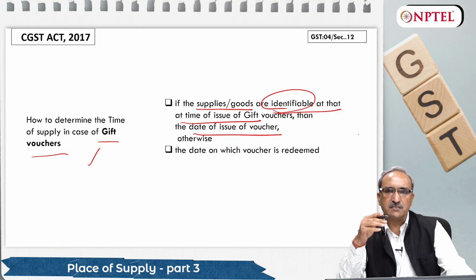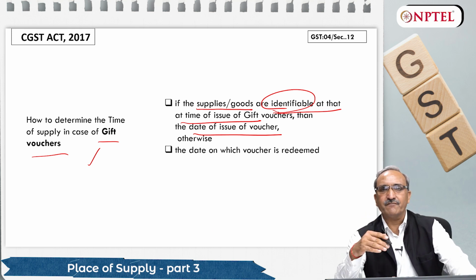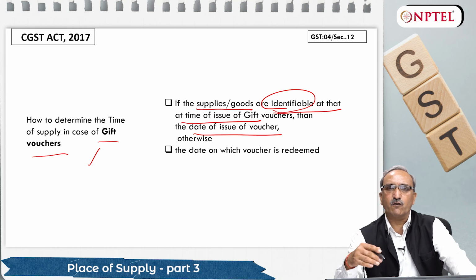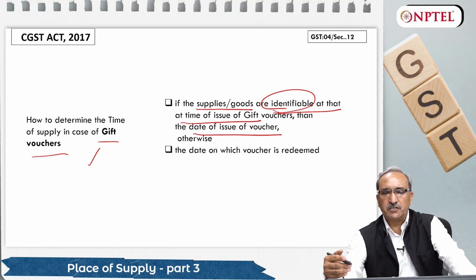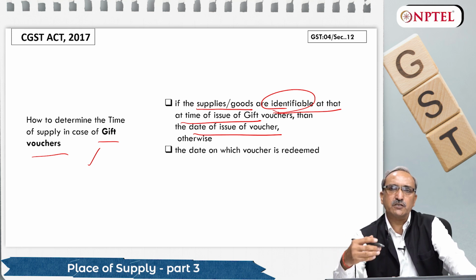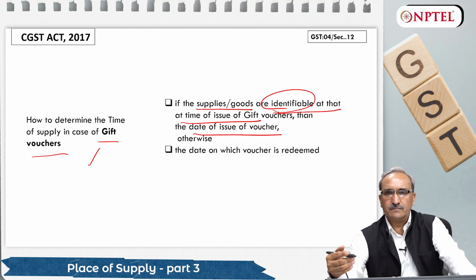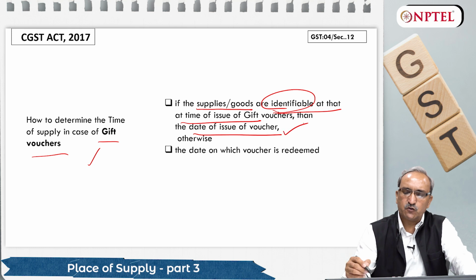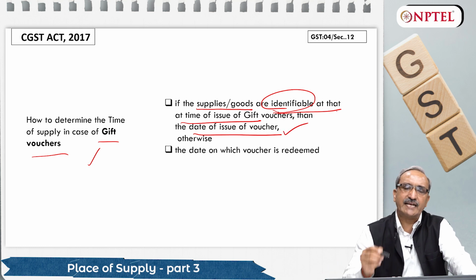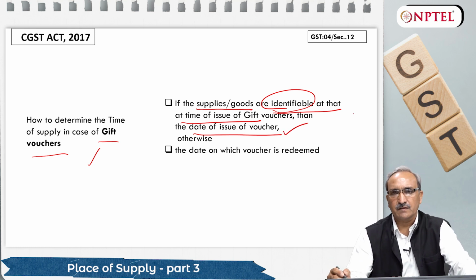So when the voucher is issued and it is clear from the voucher that against this voucher you can purchase a trouser, against this voucher you can purchase a shirt, against this voucher you can buy a mobile phone, in that case, date of issue of voucher is the point of taxation and tax will be paid accordingly by the supplier, by the person who has given this voucher to the consumer.